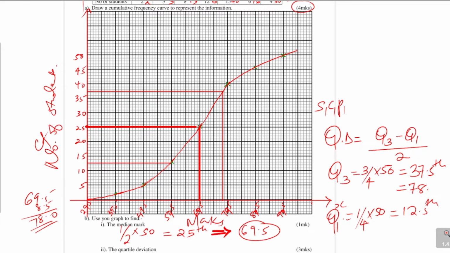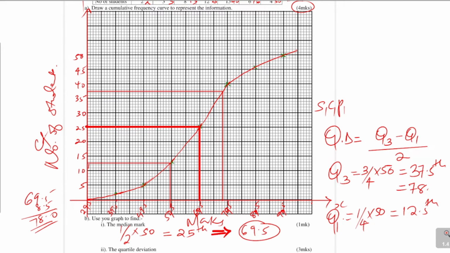Just estimate that, and then you drop straight down to where it touches the curve. So I read this value. From 49.5, these are around 9.5, so I'm going to add 9.5.